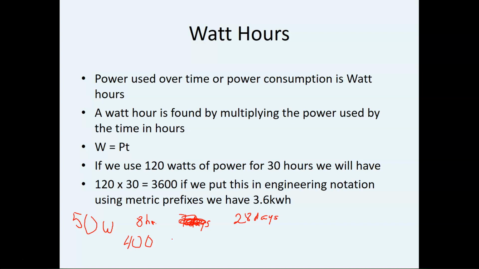When you multiply that by 28, you get 11,200, and converting that into engineering notation, you would get 11.2 kilowatt hours. So that's just for leaving a 50-watt light bulb on 8 hours a day, 28 days in the month.